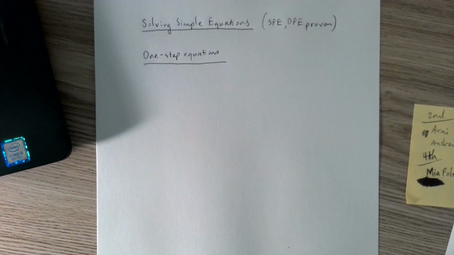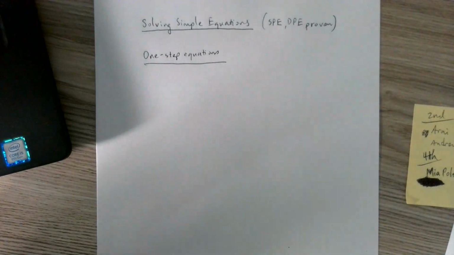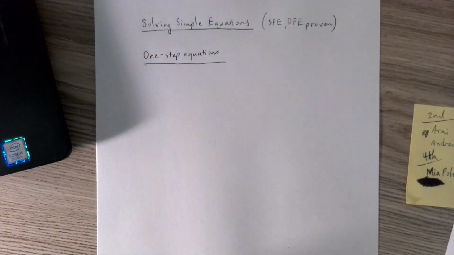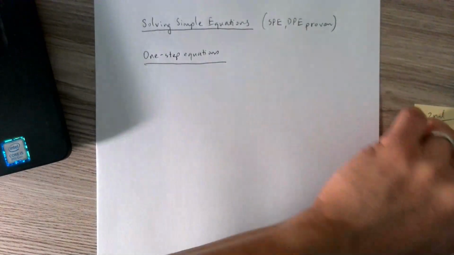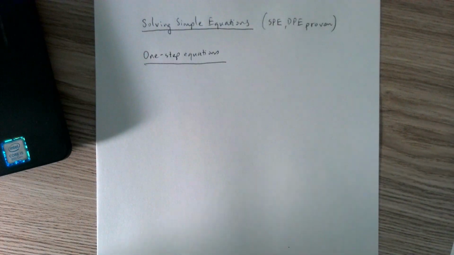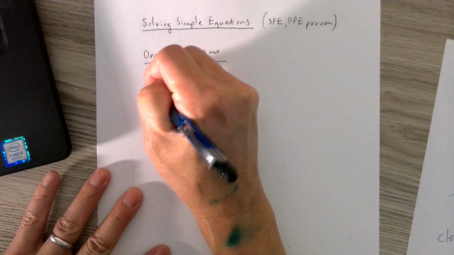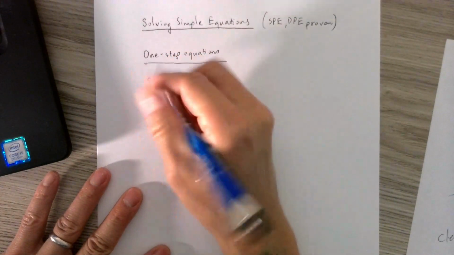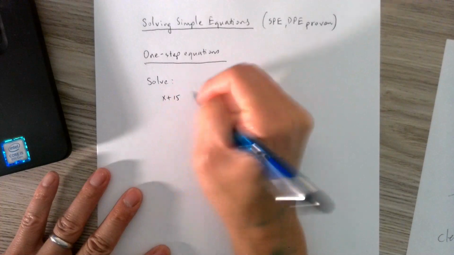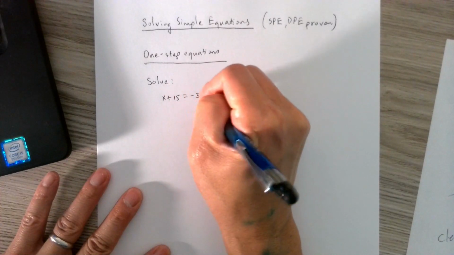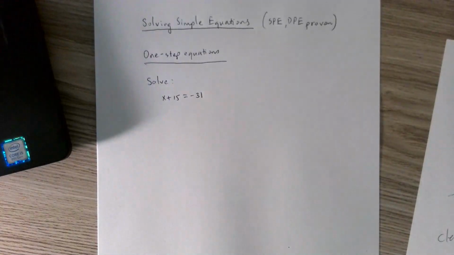I may show you a couple of micro steps for a grand total of 3 steps just to make a point, but you can certainly do these in one step. So we'll start with solving x plus 15 equals negative 31.